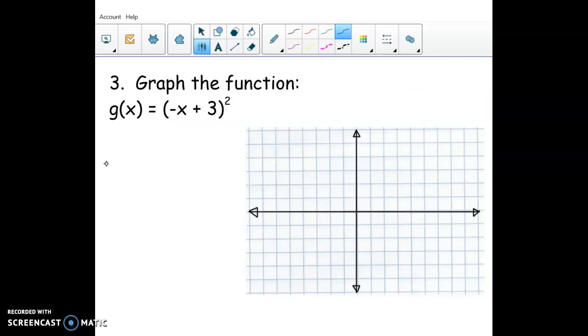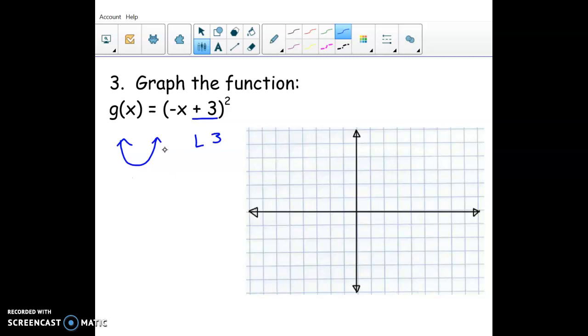Okay, next graph one. So first thing I'm thinking here is that it's a U shape because it's squared. And then this makes us go left 3 because of plus 3. And then the trick on this is the negative on the outside would flip it upside down.